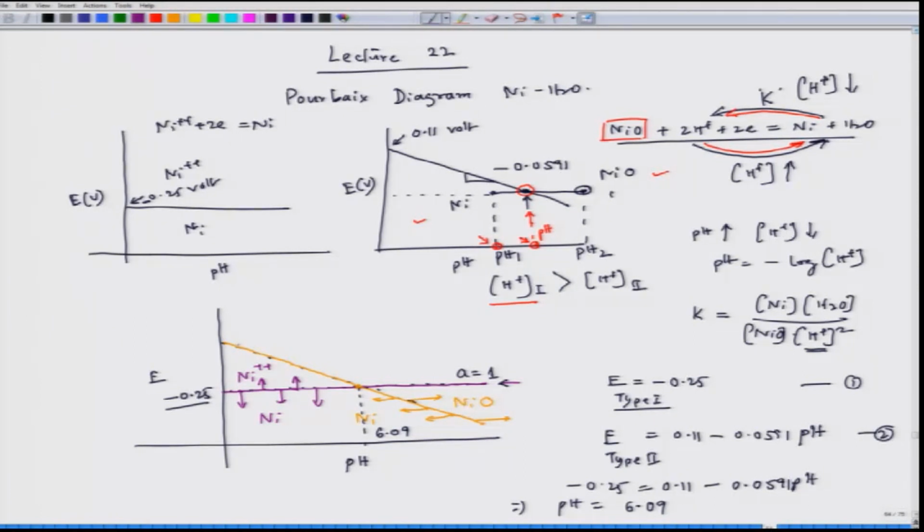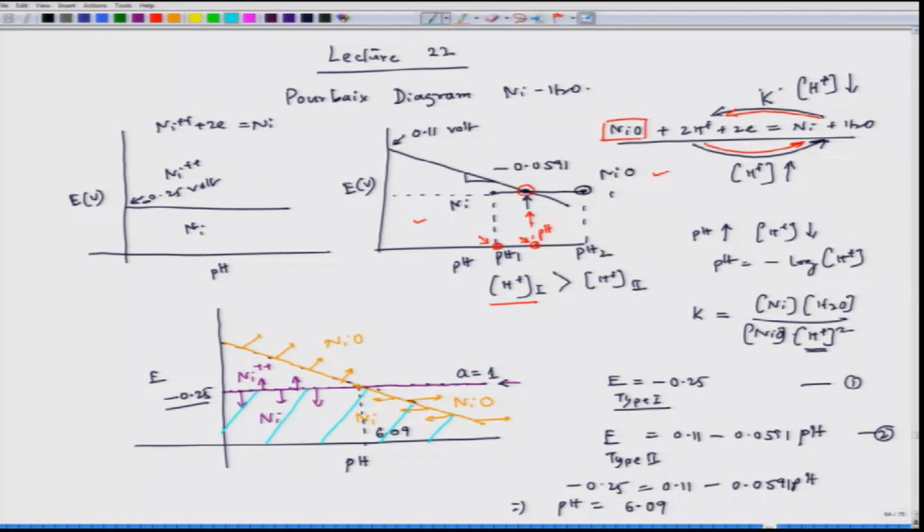So right of this is NiO. Now, in this zone we have no confusion, because here we do not have any Ni plus plus or NiO.